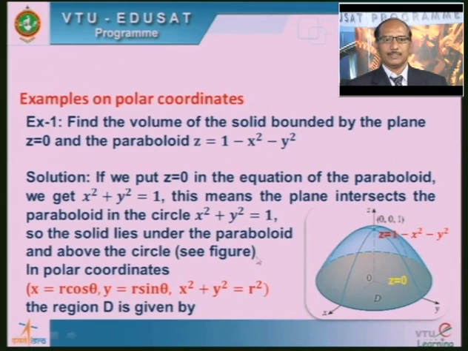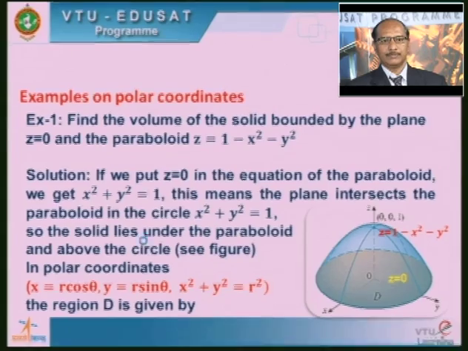So I am changing the Cartesian coordinates into polar coordinates. As we already know, the relation is x equal to r cos theta, y equal to r sin theta, and x square plus y square is equal to r square.